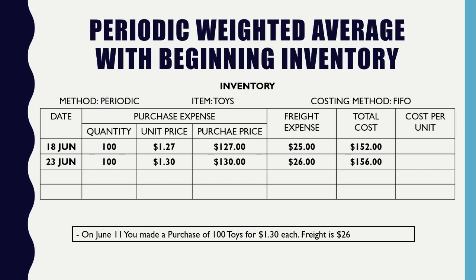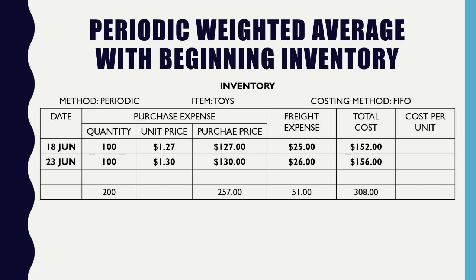So again, for total purchases, I have 200 units at $257 plus freight of 51, giving me a grand total of 308. Now in this case, because I do have beginning inventory, I am not going to calculate my average cost here. Why? Because I also need to include my beginning inventory.